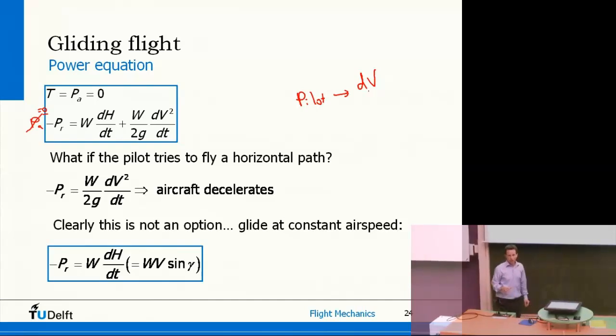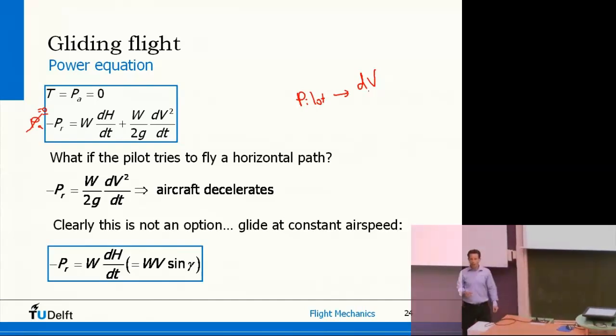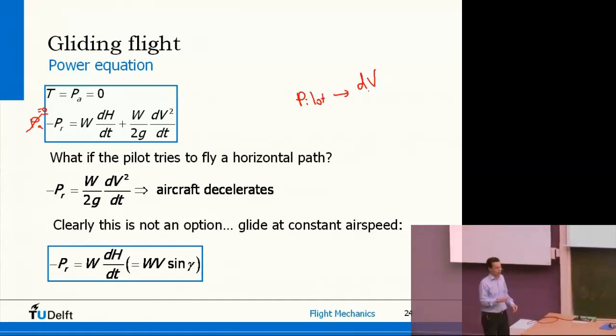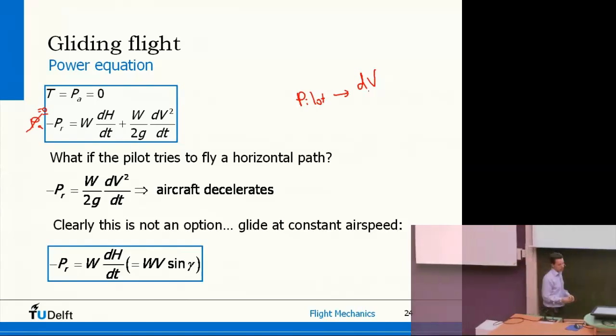And the way he or she does that is simply, if the aircraft is going too fast, then pull up the nose a little bit. If it's going too slow, then you push down the nose of the aircraft. And by doing that, you can control airspeed even though you don't have power. So you can imagine pulling up is the same as trying to stay at the horizontal path. So then you reduce energy. And this is how a pilot can achieve it.